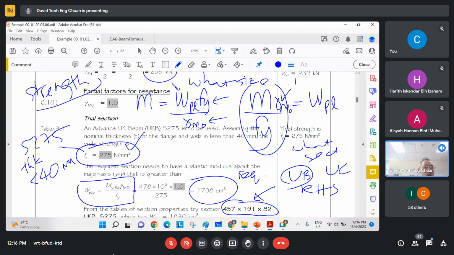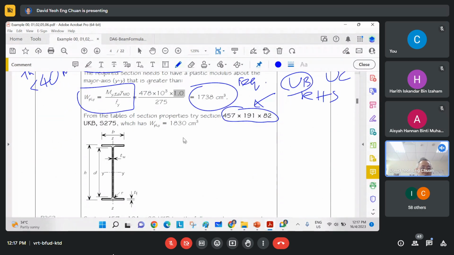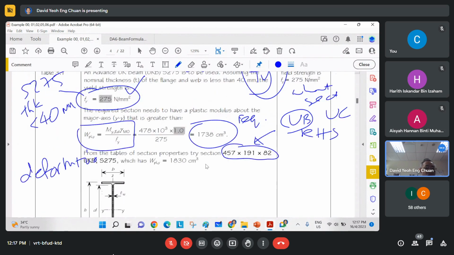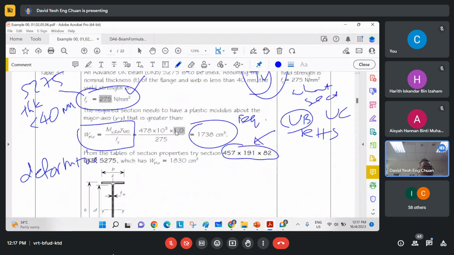There's another approach to decide the size, which is based on deformation. Just now, strength is based on ULS, so we use this formula. Another way is deformation, SLS.